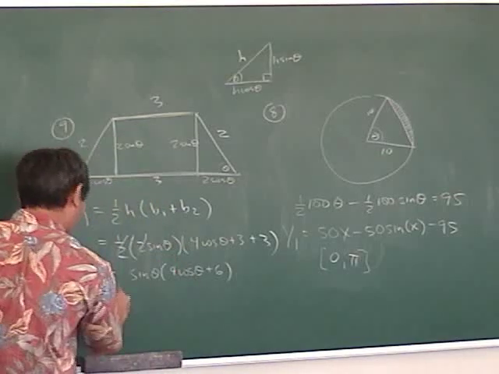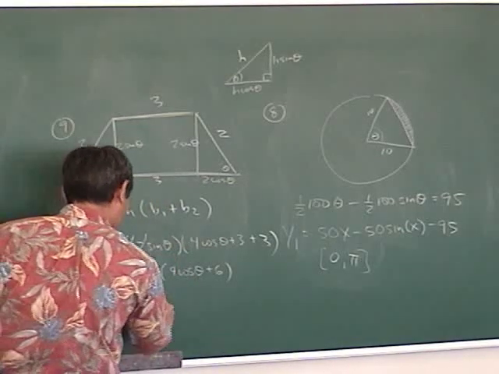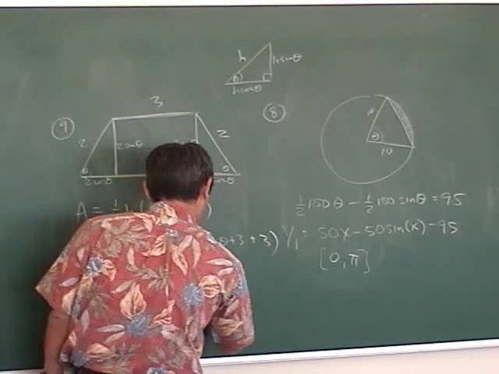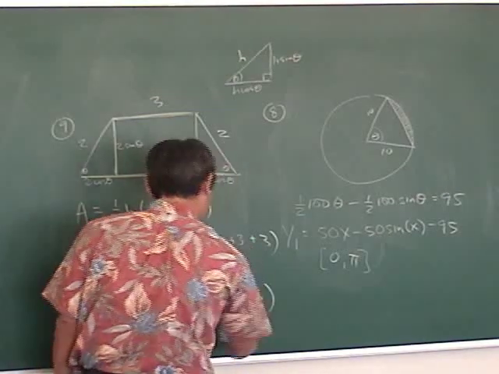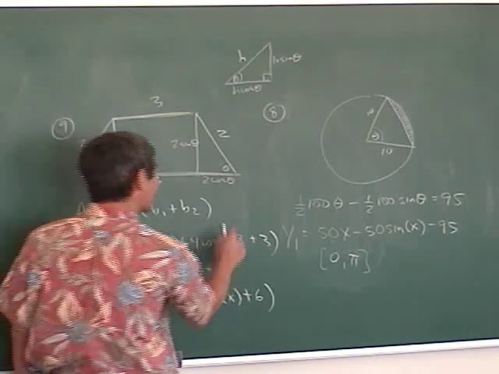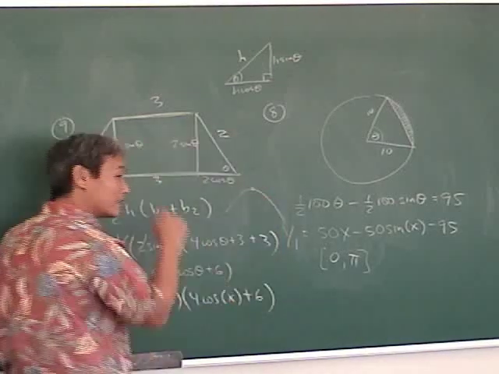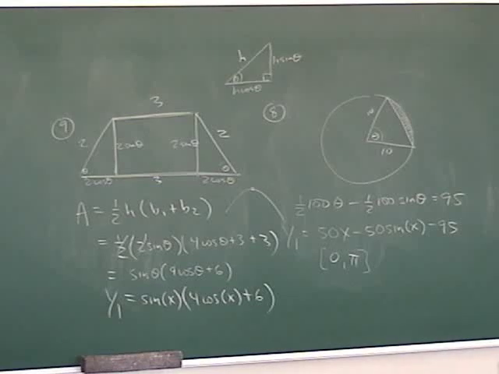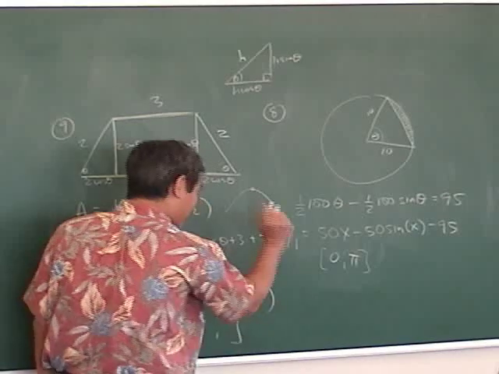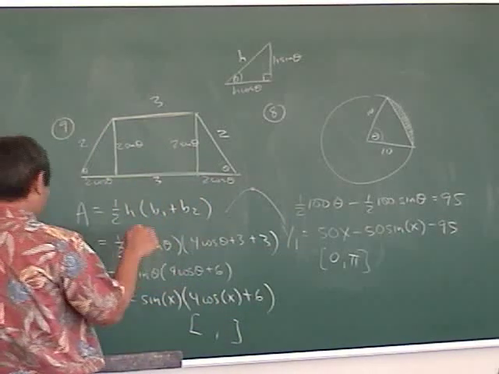So graph this on your calculator. y1 equals sine x times (4 cosine x plus 6). And you've got to be in radian mode. And you want to see the hump so you can calculate the maximum. And when you set your window, see, some of you guys still just press the graph button. Please let me see it.